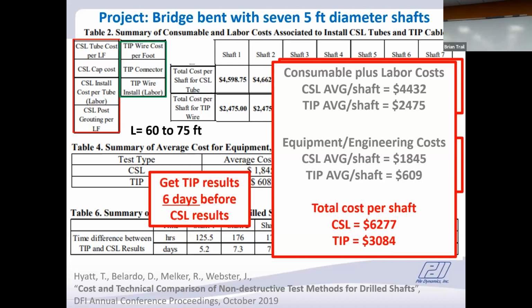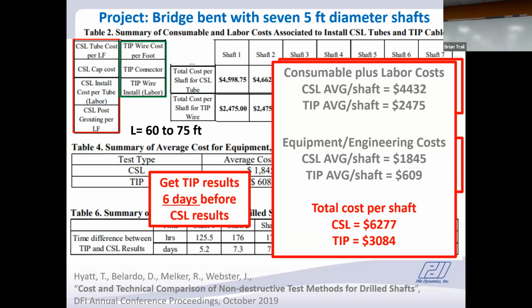And there's a savings in equipment and engineering costs, primarily, I think, because we sent the data up into the cloud, and we don't have to be on the job site doing the testing. And if you add those together, the thermal integrity testing is less than half the cost of the cross-hole sonic logging, which is, or had been anyway, sort of the standard for testing drilled shafts.